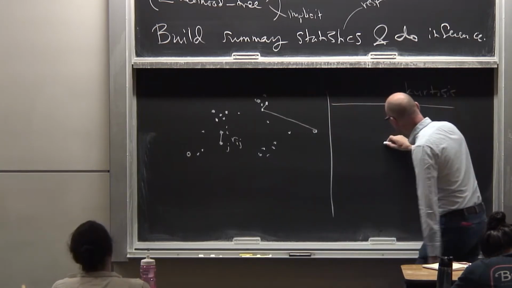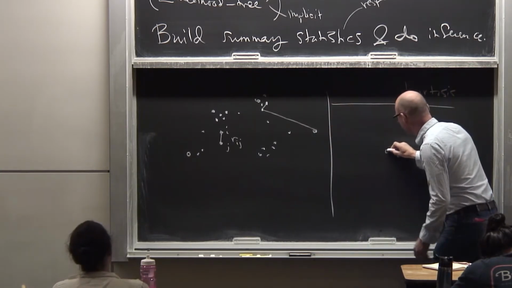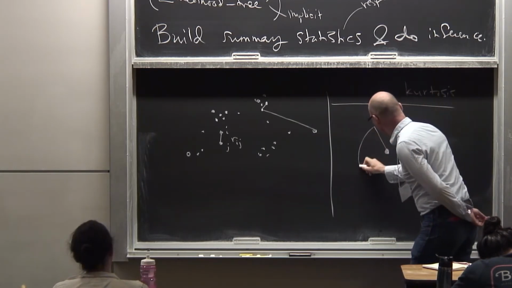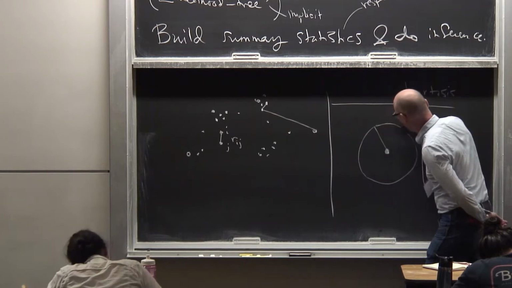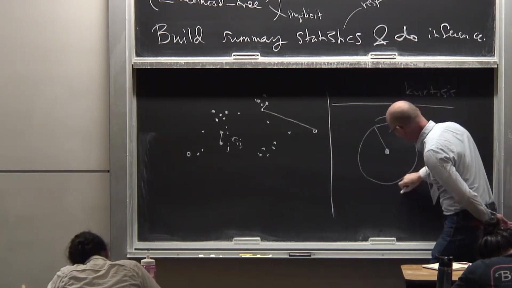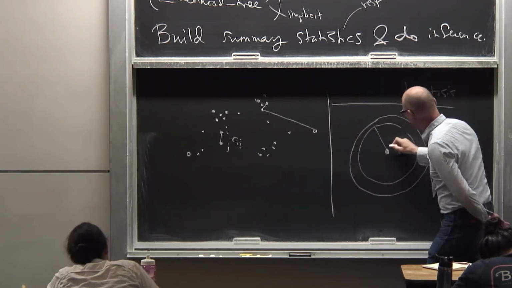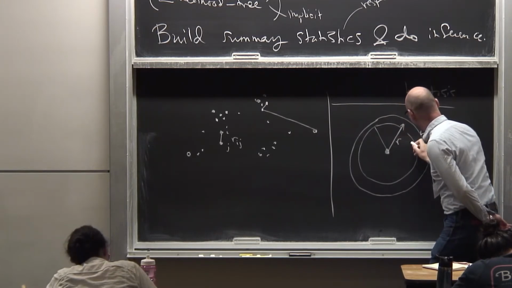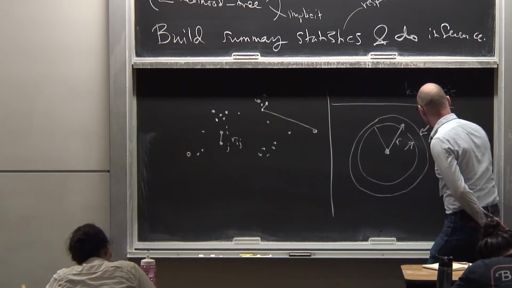So now let's just zoom in on that. Here's galaxy I. And now let's consider a spherical or cylindrical, depending on how you want to think about it, volume that is at radius r and has width dr or delta r.